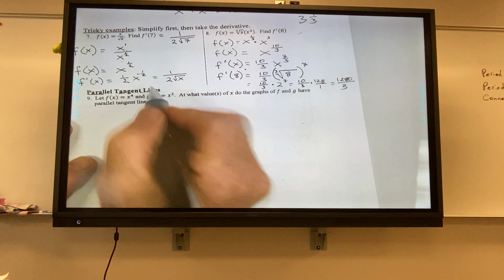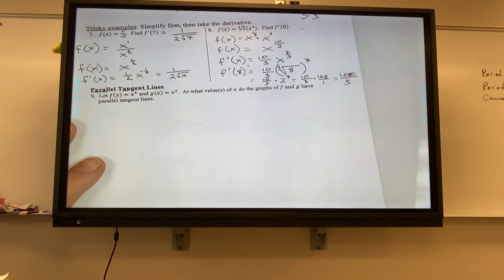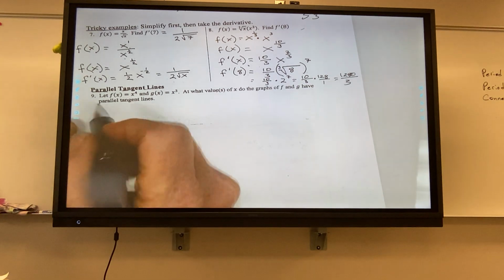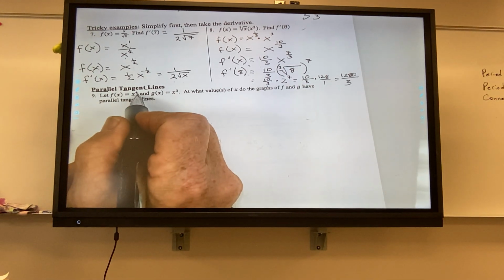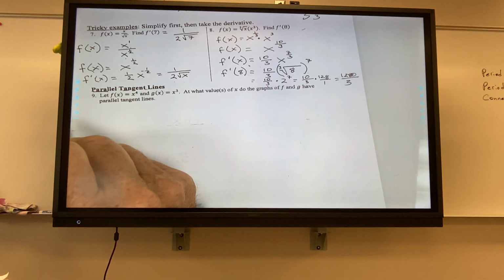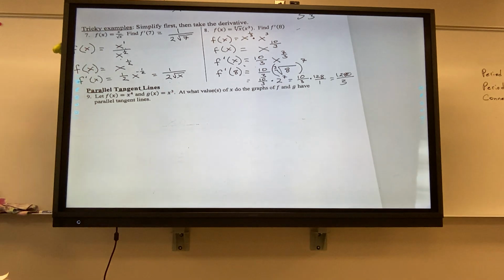Parallel tangent lines. What do you know about slopes of parallel tangent lines? That'd be the same. They have to be the same, okay? So, is x to the 4th a derivative? Does it say it's a derivative?